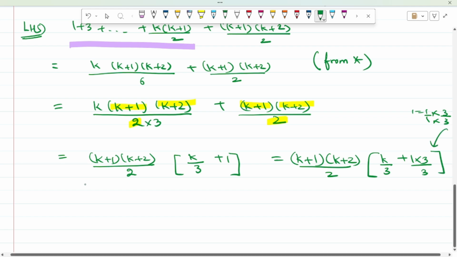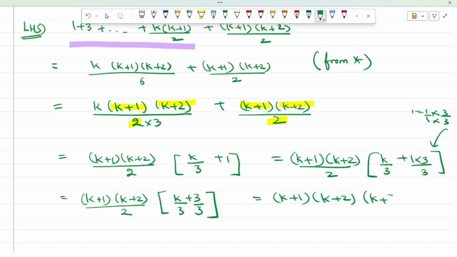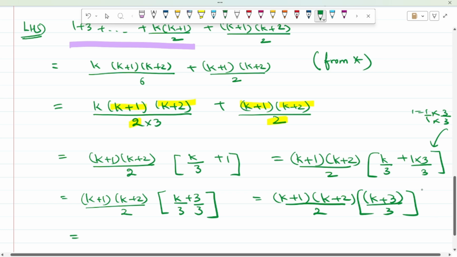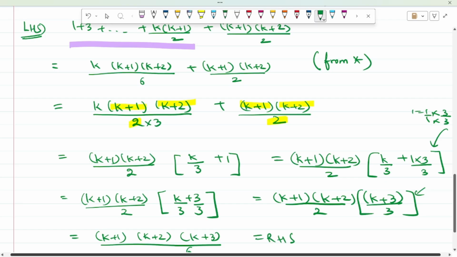So this gives me k plus 1, k plus 2 over 2 times k plus 3 over 3. Now let's multiply the denominators and remove the square bracket. What's it going to give you? k plus 1, k plus 2, k plus 3 over 6, and hence this is equal to your RHS.